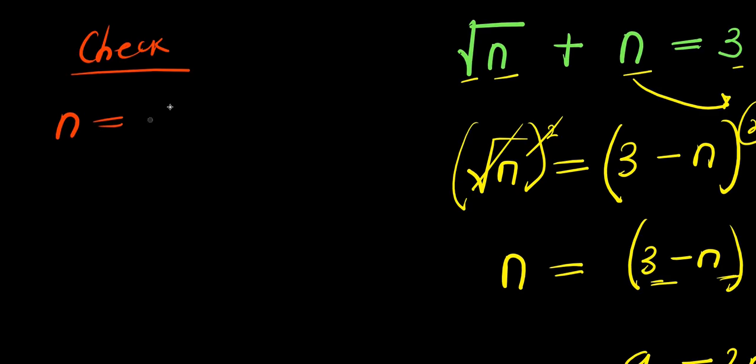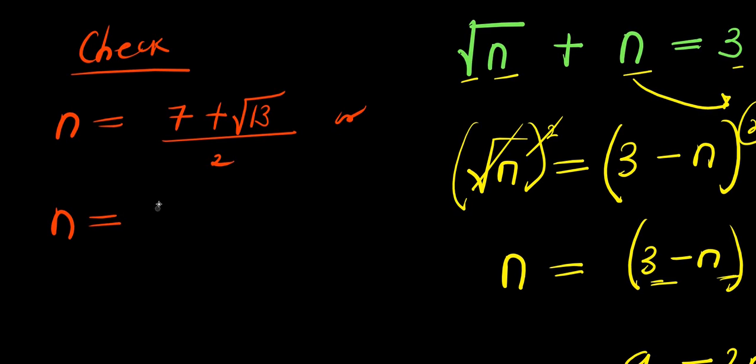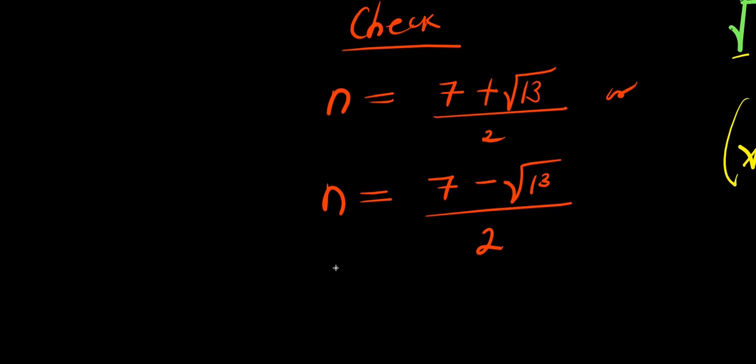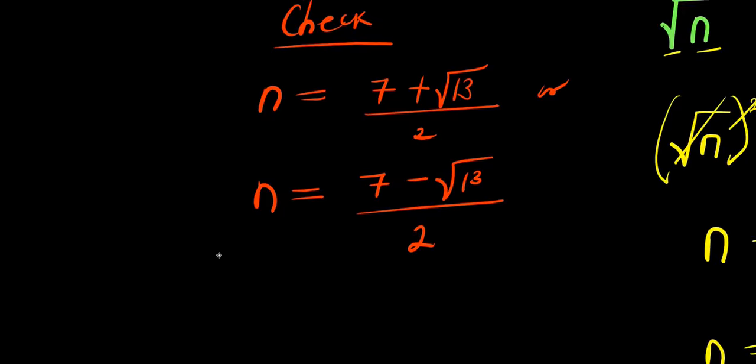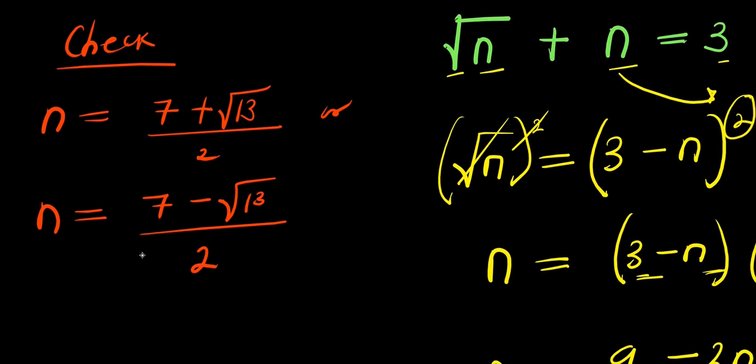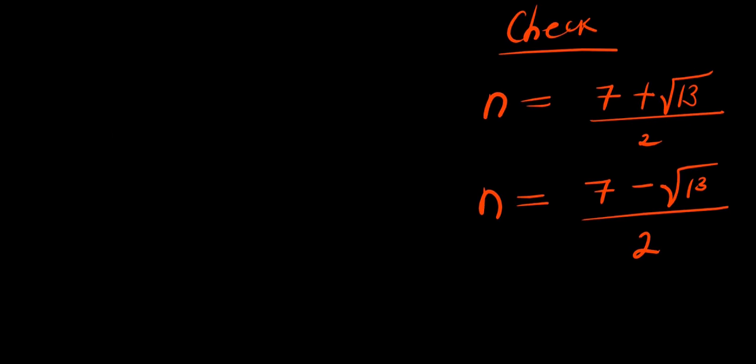We have n equals 7 plus root 13 divided by 2, or we have n equals 7 minus root 13 divided by 2. Now, the question remains root n plus n equals 3. So we have root n plus n equals 3.